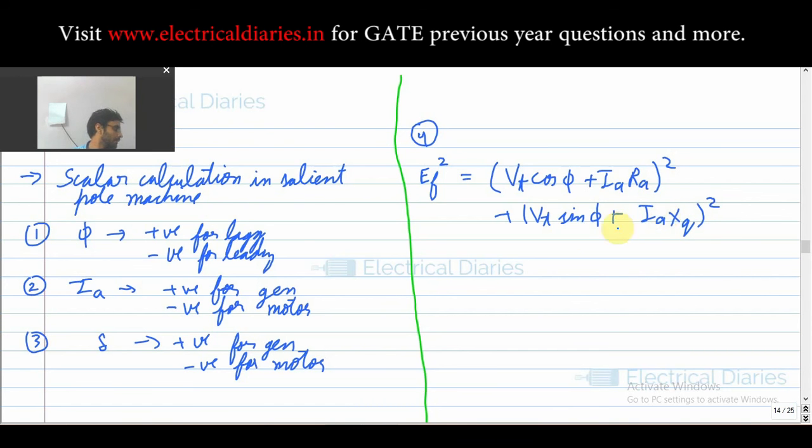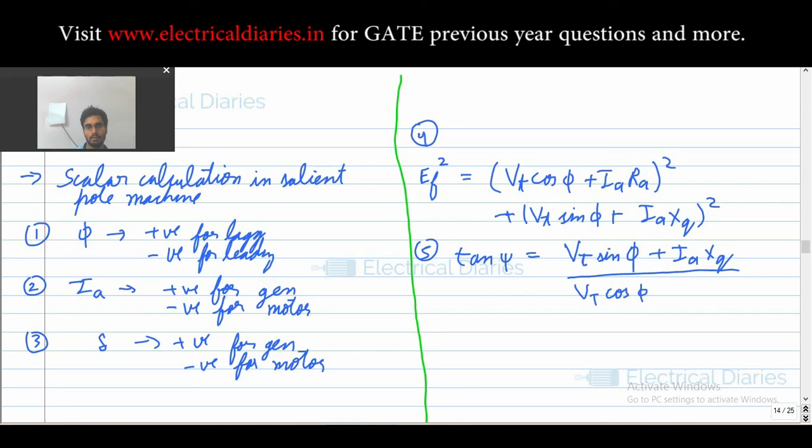Now this is one formula. Fifth formula, your tan psi is equal to (Vt sin phi plus Ia xq) divided by (Vt cos phi plus Ia Ra).